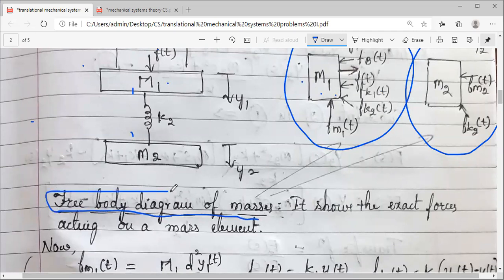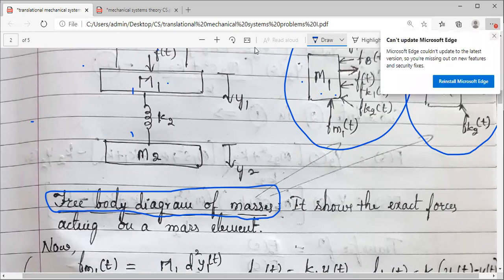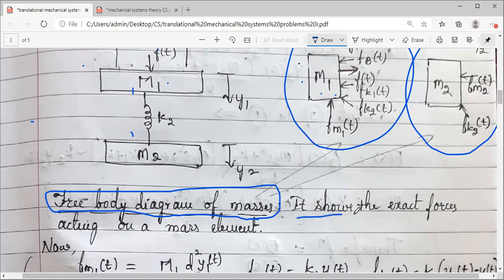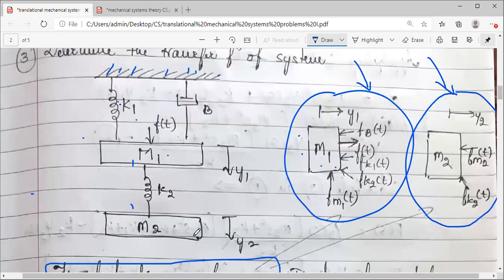You might have studied about this in mechanical engineering. Free body diagram of masses: it actually shows the exact forces acting on a mass. For example, in this given system there are 2 masses, m1 and m2, so 2 bodies are there.